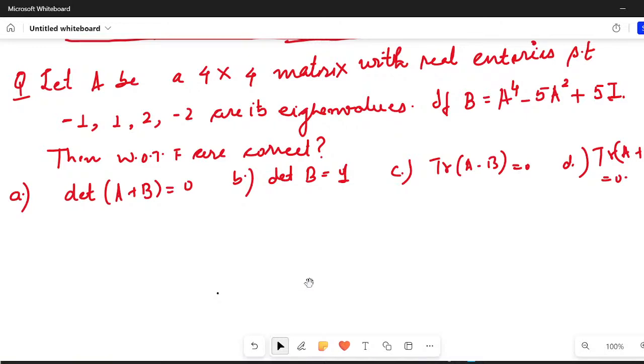In this question, it was given that A is a 4 cross 4 matrix with real entries such that minus 1, 1, 2, and minus 2 are eigenvalues.